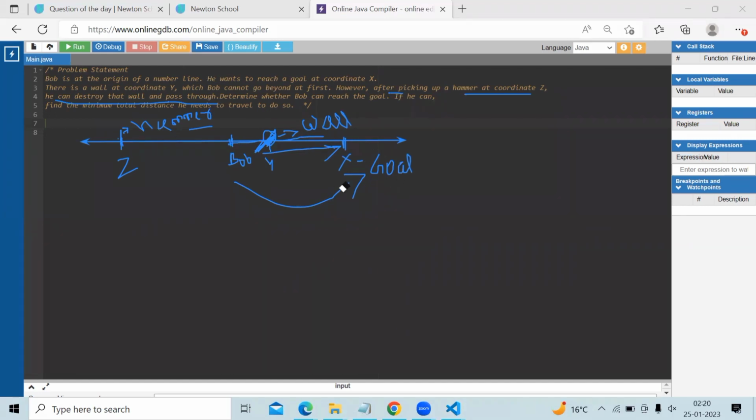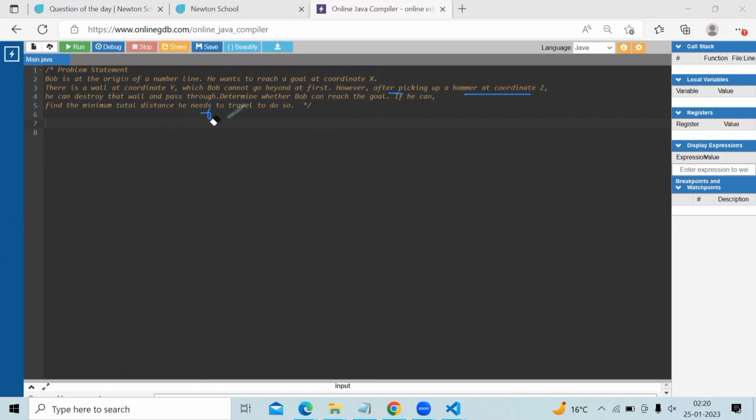But let's see another example. Let's suppose this is the number line, and this is the origin where Bob stands.